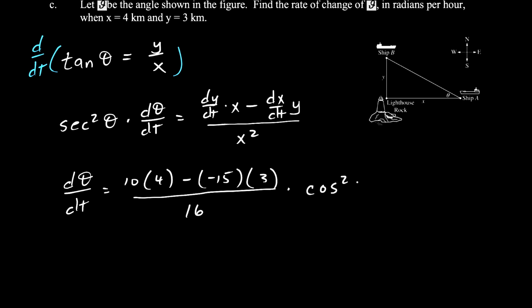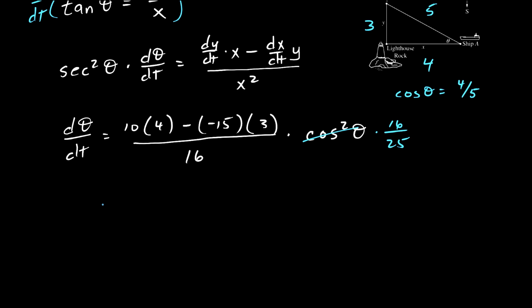Now, if you look at the picture, we have that y is equal to 3, and x is equal to 4, and z is equal to 5. So the cosine is 4 over 5 for the cosine of theta. So we know cosine theta equals 4 over 5. So we can replace cosine squared of theta with 4 over 5 squared, which is simply 16 over 25. And let's see if we can clean this up a little bit.